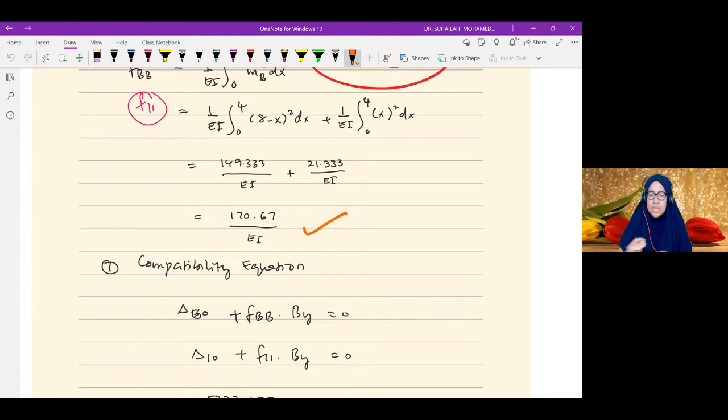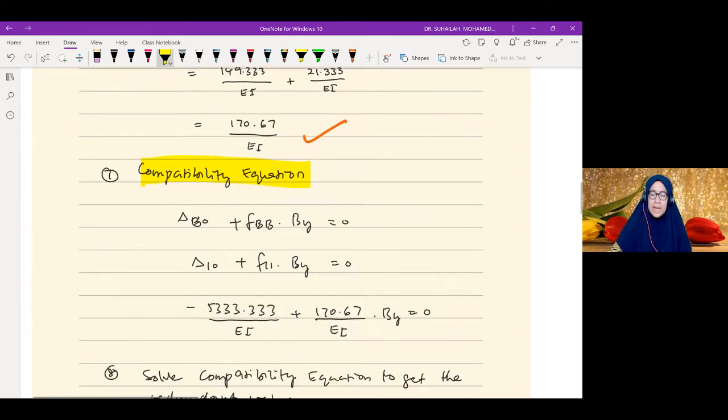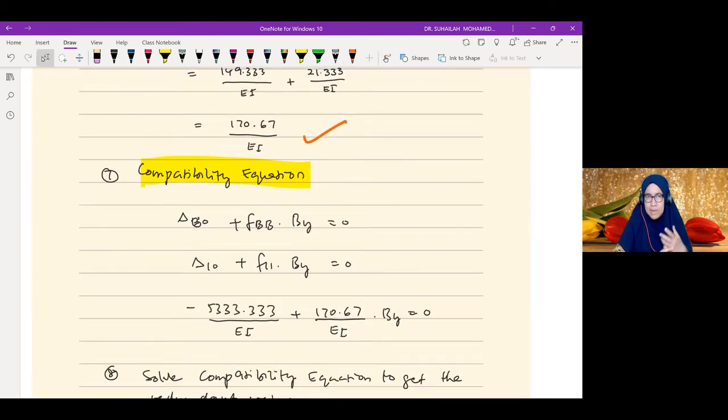So we substitute into the compatibility equation. As I mentioned, we can choose to label it as B or as 1. If we use B, it is delta B naught plus FBB times BY, which means the moment equation for the redundant also uses MB.